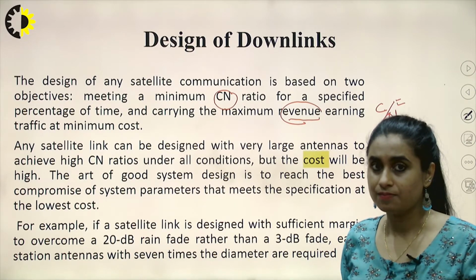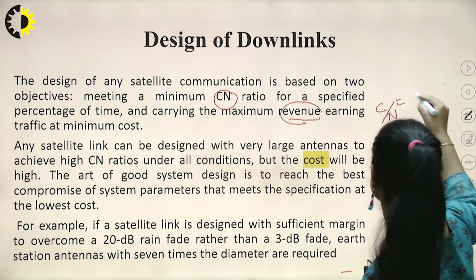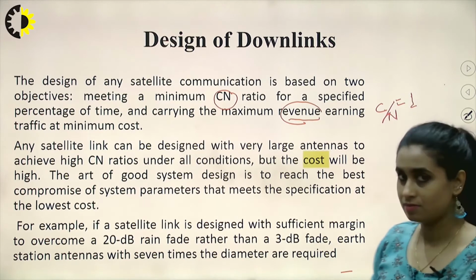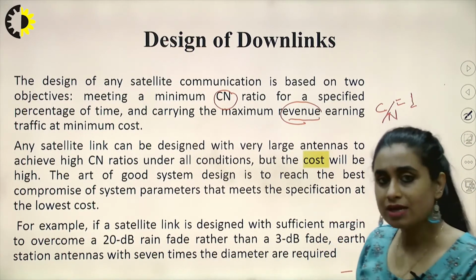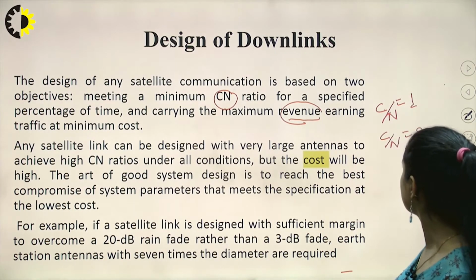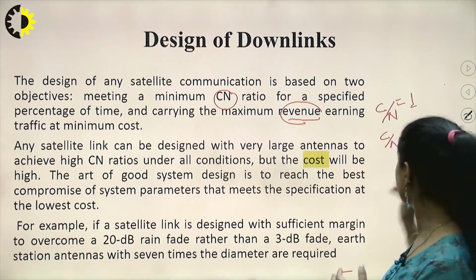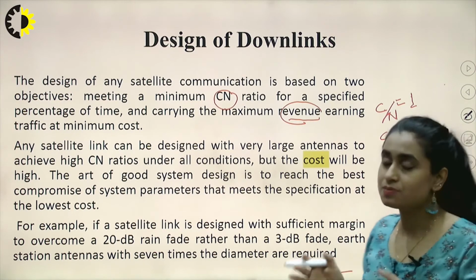Suppose my receiver works well with C to N ratio 1, although this value should be high. Now consider another system that works well with C to N ratio 2, and if the C to N ratio falls below this value, my system stops receiving the signal.